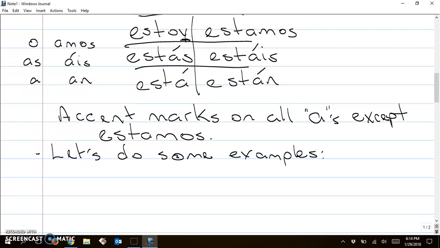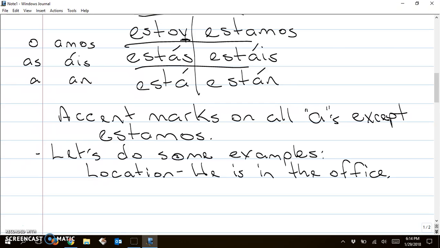So, for location, he is in the office. Él está en la oficina.